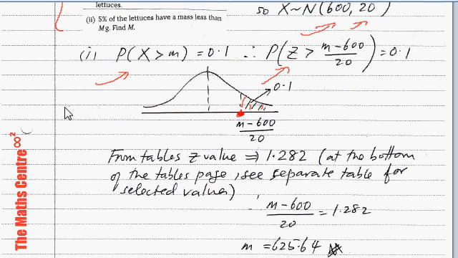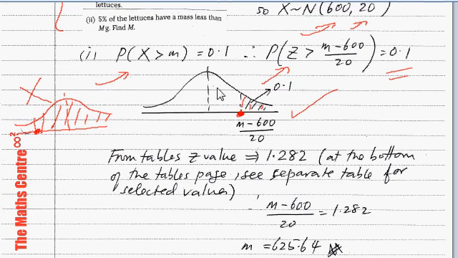Remember, a mistake you could have made is drawing the picture with your z value here and shading this region, but that area is more than 0.5, so you know this is wrong because our area is only 0.1. So this one here is correct.